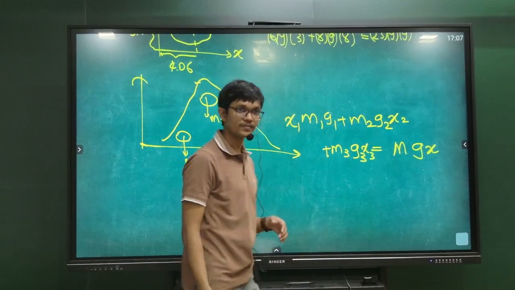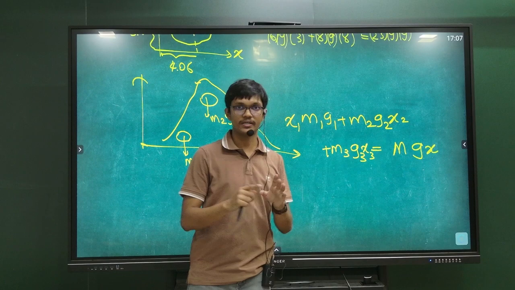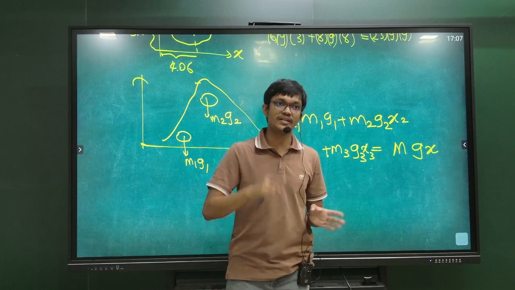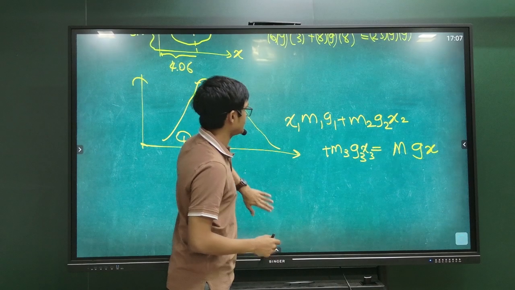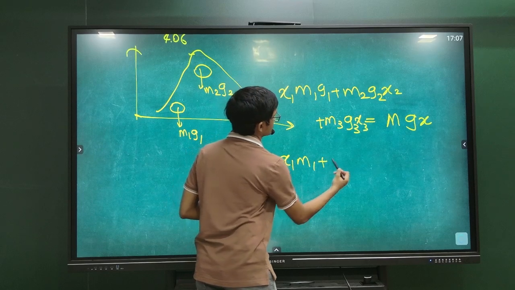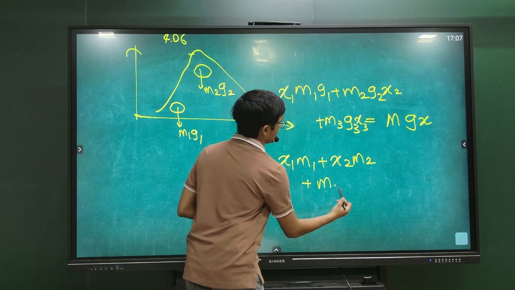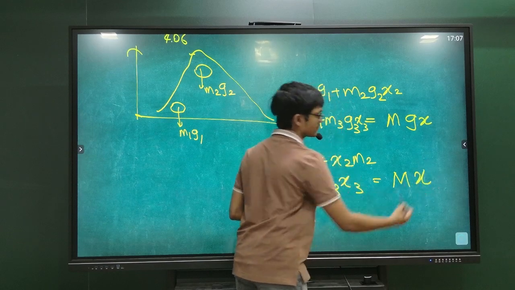Clear? Now you will get an answer for this value X. What is that X? Center of gravity. Now I write the equation for center of mass. X1 M1 plus X2 M2 without G plus M3 X3 equals Mx.